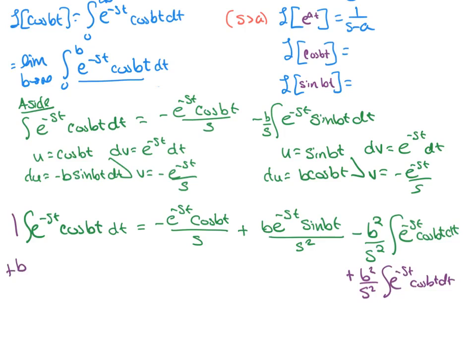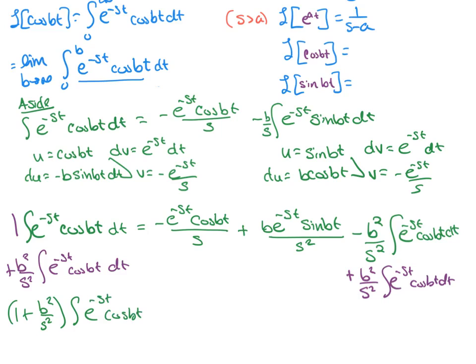So we have one integral, e to the negative st cosine bt, plus b squared over s squared times the integral of e to the negative st cosine bt dt. So we have 1 plus b squared over s squared times that integral, e to the negative st cosine bt.